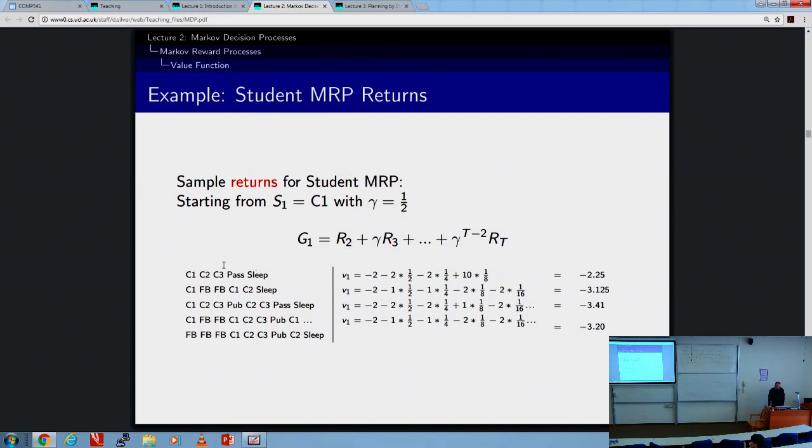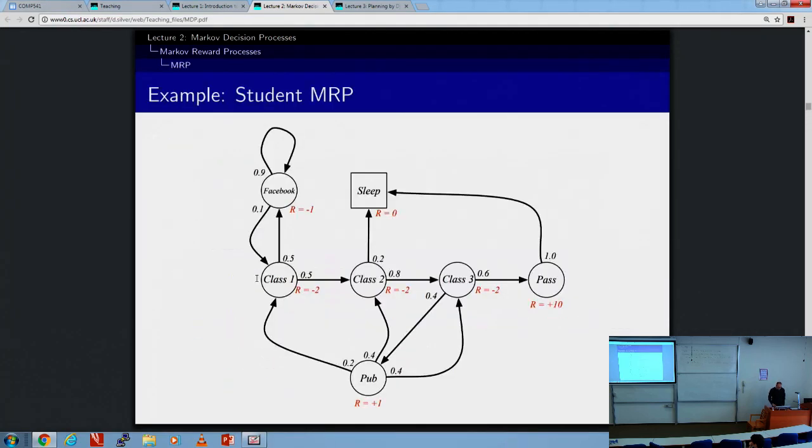Okay. So in this first one, we have C1, C2, C3 pass sleep. If you look back, so C1, C2, C3 pass sleep. That's the path we're looking at, and then we're going to collect the rewards -2, -2, -2, +10, and 0, right?